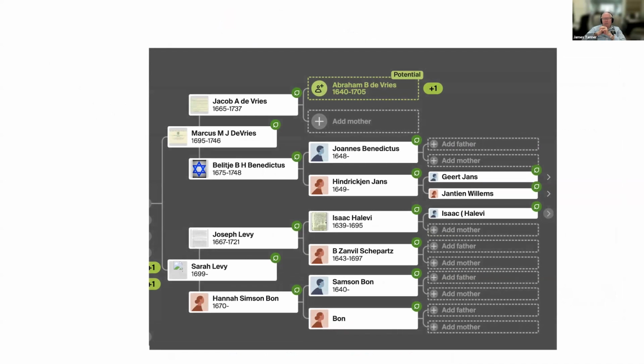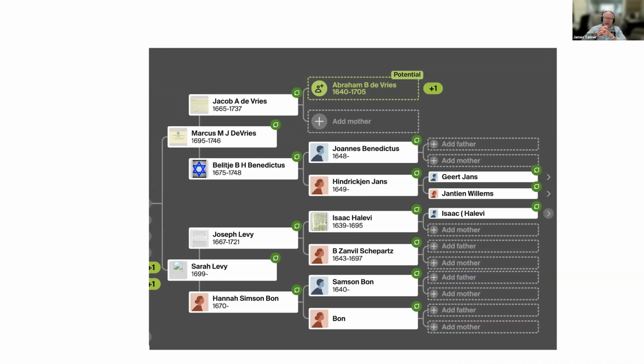Now, one thing that's happening here, this is a screenshot of a part of a family tree on Ancestry. And you can see up there, there's a green suggestion that says it's a potential. This is someone that goes beyond my current research.